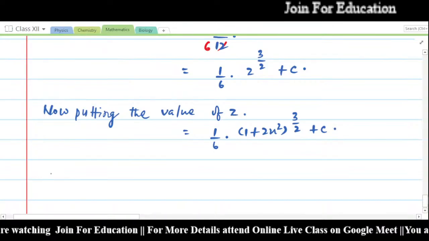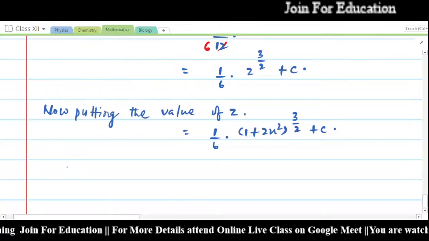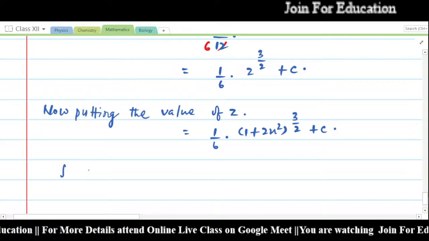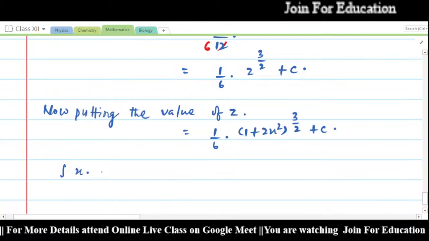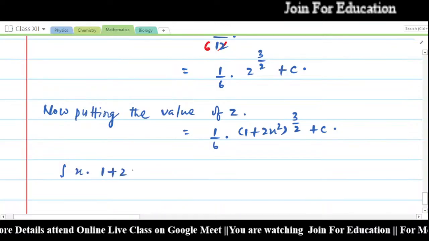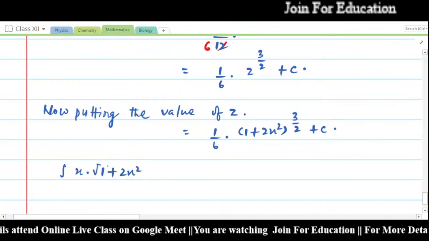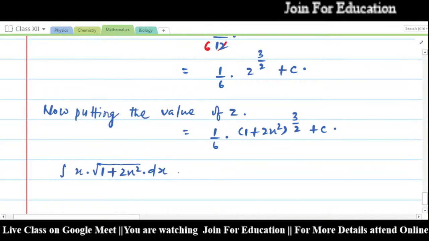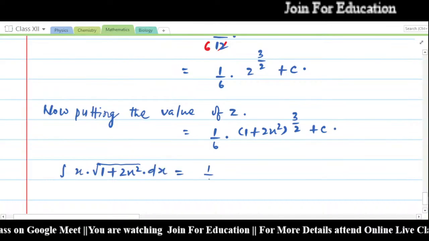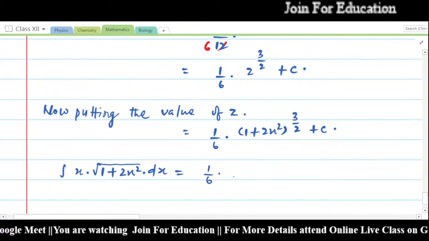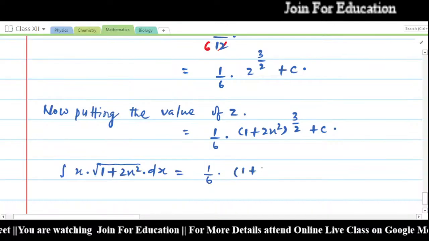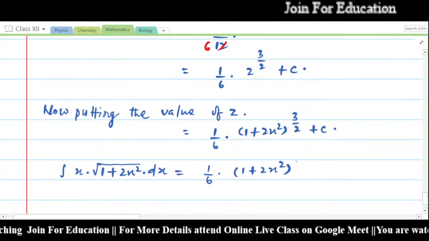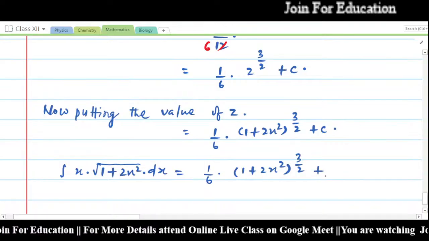So the final step here will be integration of x into root of 1 plus 2x square, dx, equal to 1 by 6 into 1 plus 2x square to the power 3 by 2 plus c.